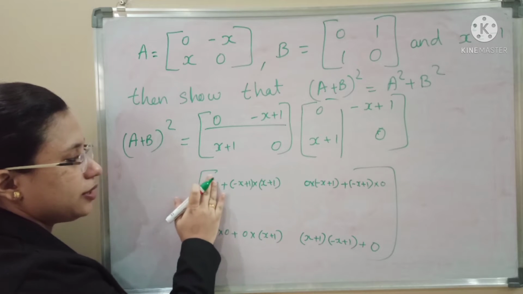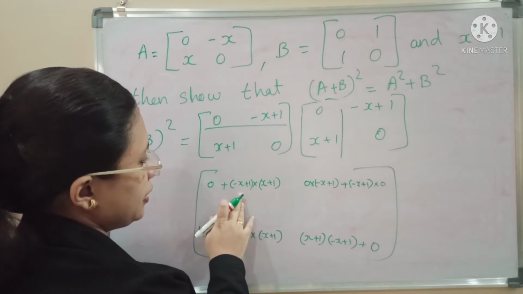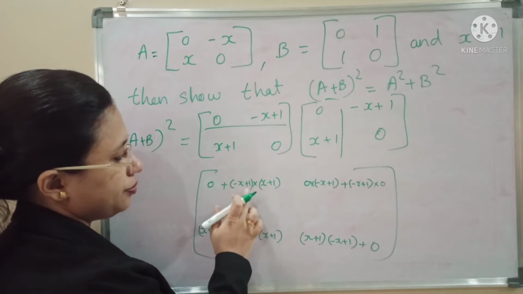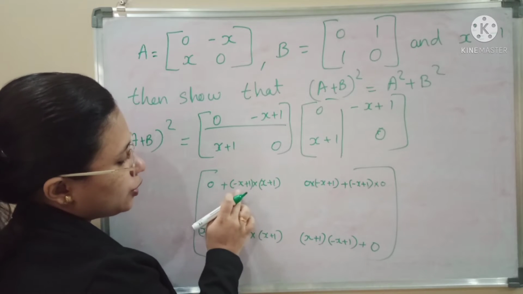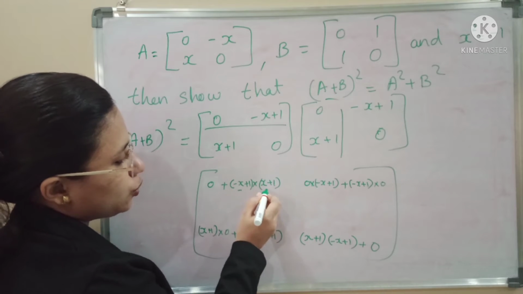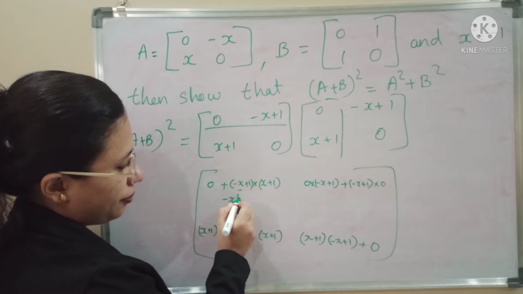Okay, so now here 0 into 0 is 0 itself, and here we need to multiply each term. Okay, so let's take minus x first. So minus x into x will be minus x square.